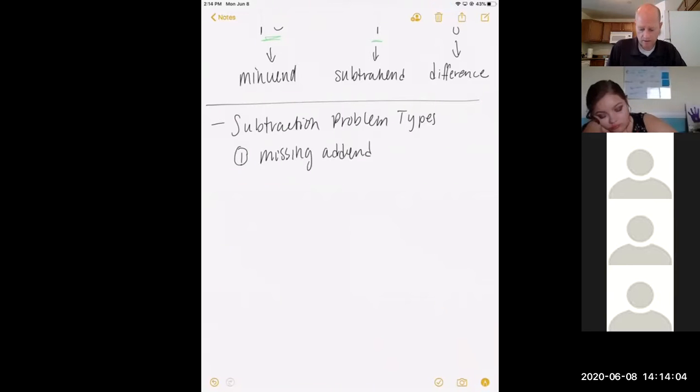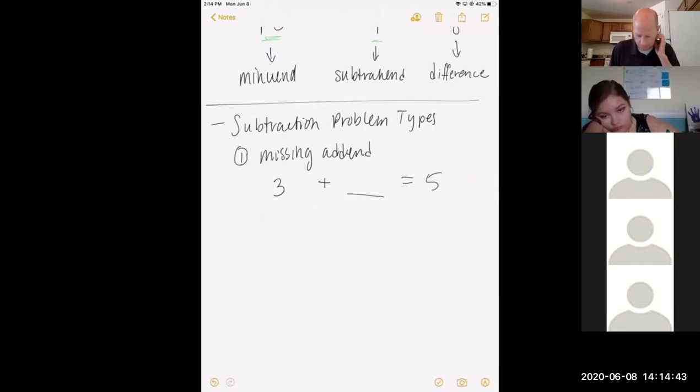Missing addend stories are like an addition problem. We'll take Beth and her buttons. Beth has 5 buttons that she needs for a shirt, but she only has 3. So we have 3 plus some number. In elementary school, they do this a lot. They might put a box or a smiley face, something that indicates the variable, but I'll put a blank for now. So 3 plus some number is going to equal 5. This is the missing addend.